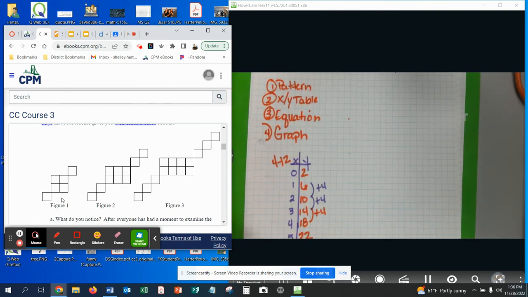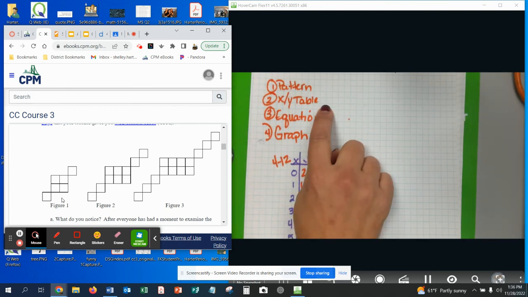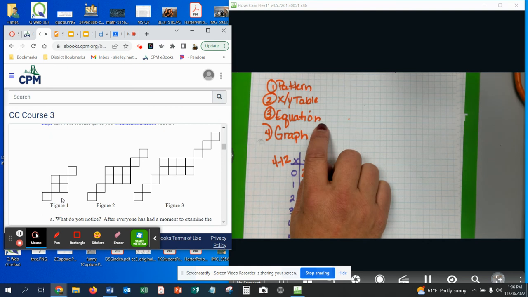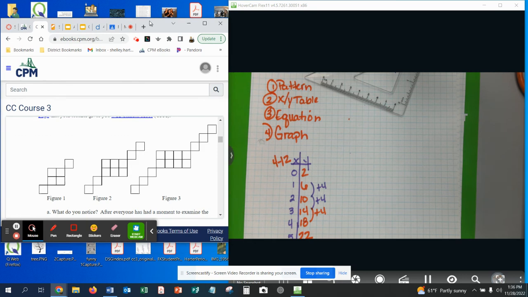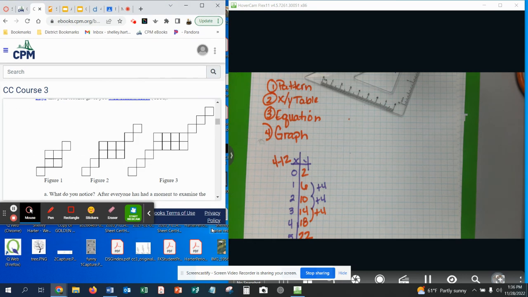Yikes. All right. Now, we have a pattern. We have an X and Y table. What do we need now? Equation. Anybody tell me what the equation is, or what our equation is going to be? Nolan.